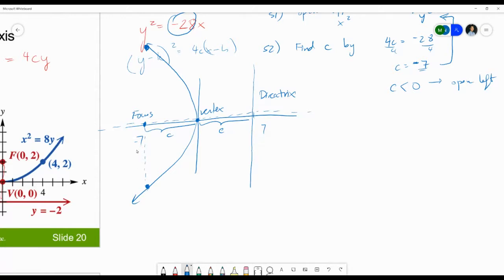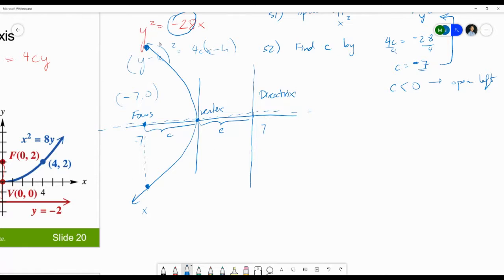To get to this value right here, notice it opens left. That means both of these points are going to have the same x value. We plug in the x value, and we're going to have 2 different y values. We pick whatever the focus is. The focus here is -7, 0, so I put -7 into my formula.